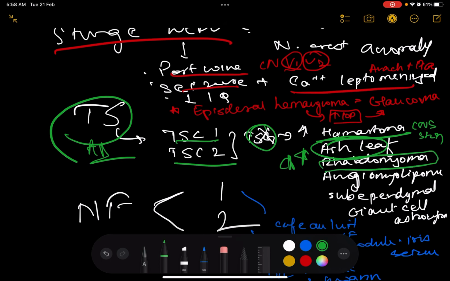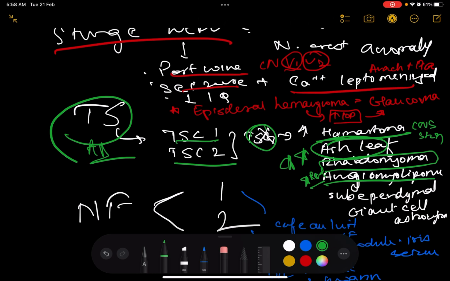Cardiac rhabdomyomas, which are muscle tumors, are very important. Renal angiomyolipomas, which you wouldn't see anywhere else, are also seen. It's also associated with a lot of seizures because of hamartomas in the CNS.